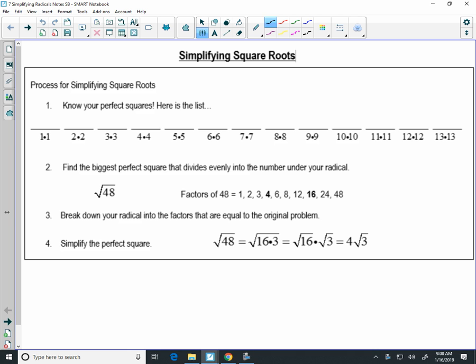So if you want to pause and get those perfect squares lists down, you guys know these.